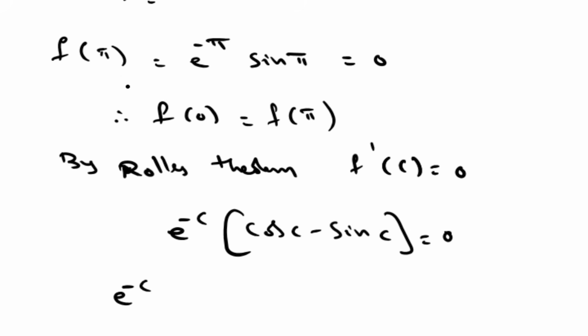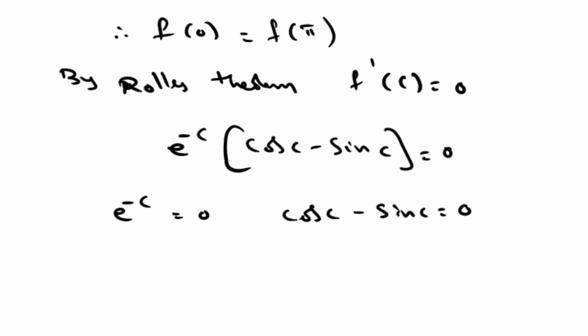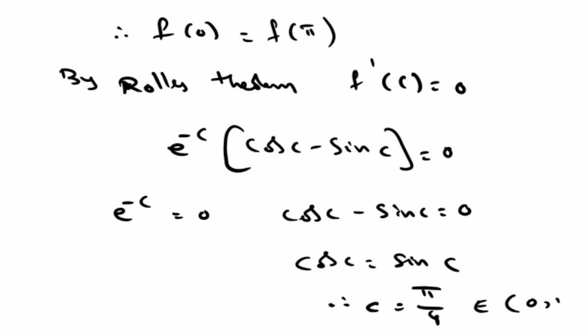Since e power minus c is not equal to 0, cos c minus sin c equals 0. Cos c is equal to sin c. Therefore, c is equal to pi by 4, which lies in (0, pi).